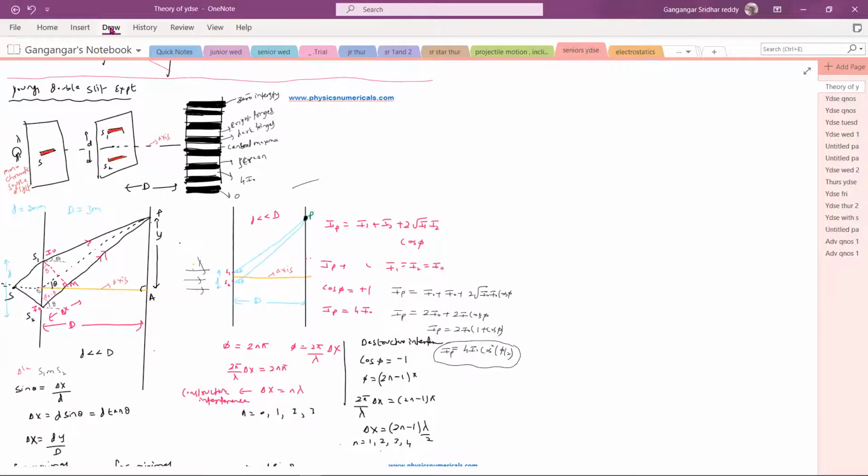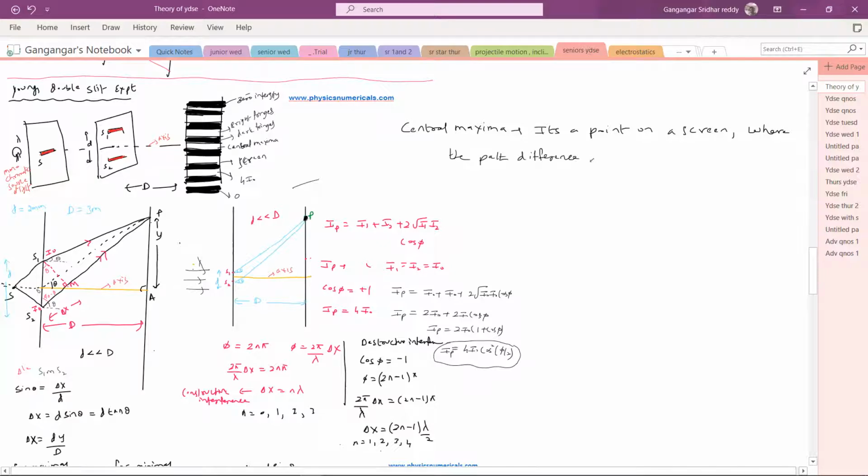Okay, I'll go for defining central maxima.